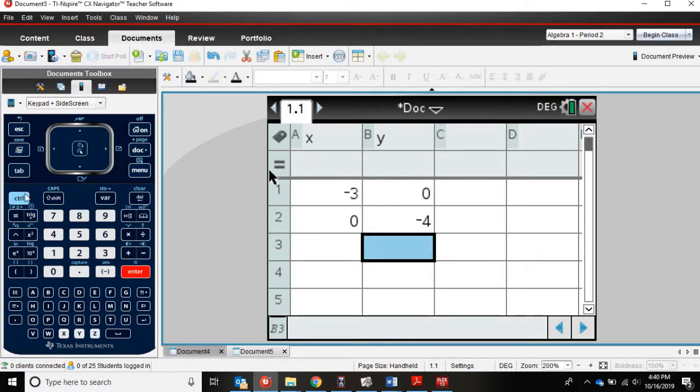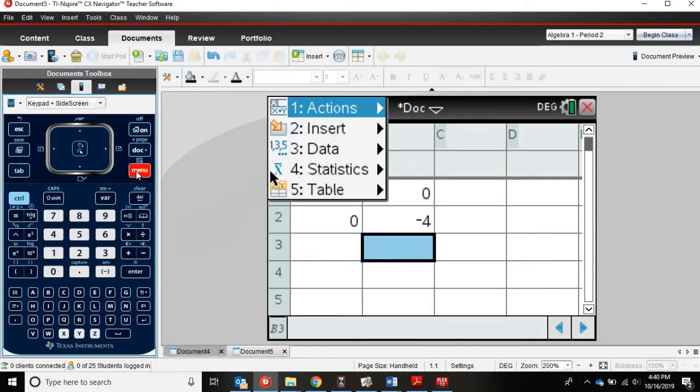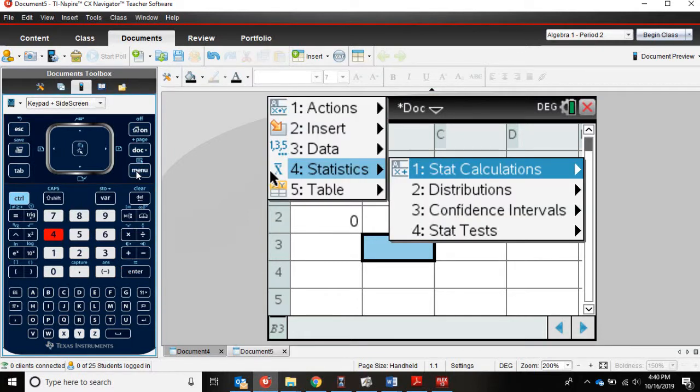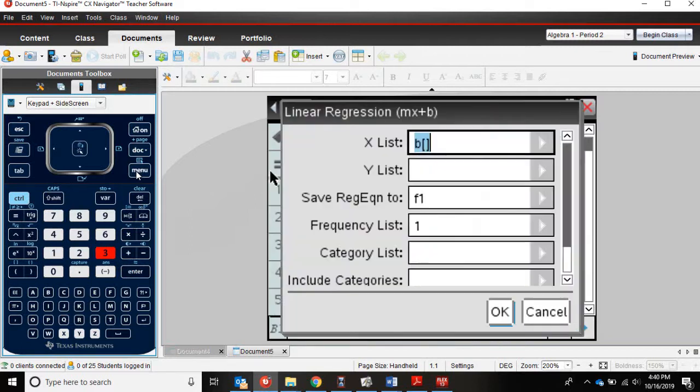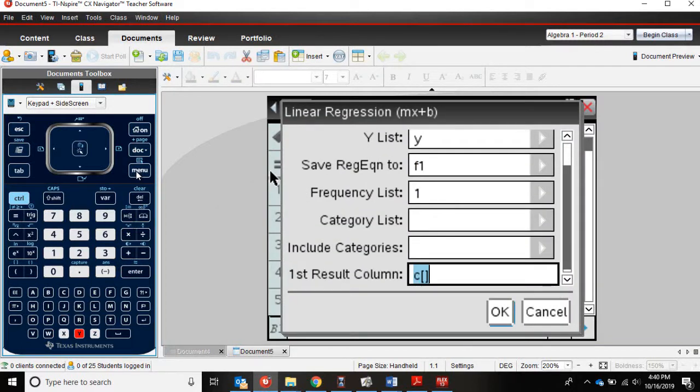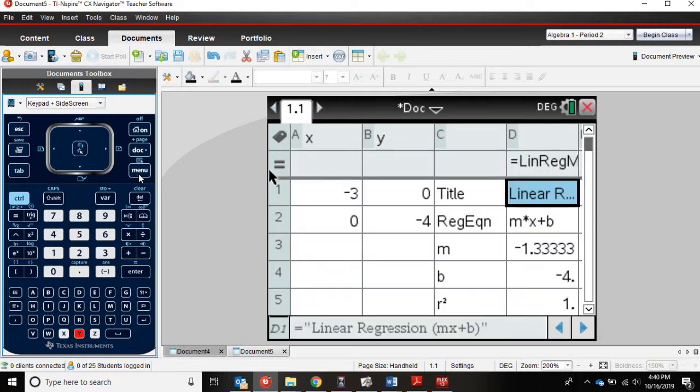And then we press menu, 4, 1, 3. We change X to X and Y to Y, and then we go down and press OK, and it tells us the slope is -1.3 repeating.